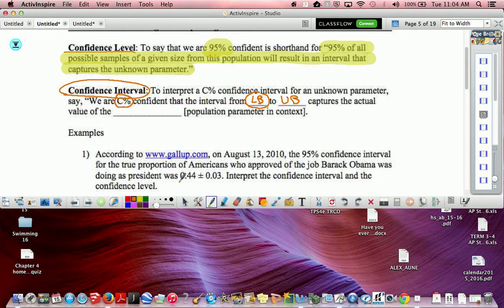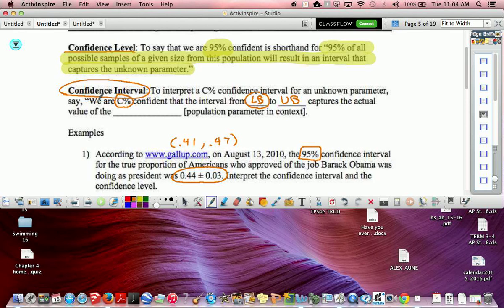If I'm thinking about this value, 0.44 plus or minus 0.03, if I subtract it, the lower bound of my interval is 0.41. If I add that, my upper bound is 0.47. My percentage of confidence is 95. So I can go ahead and start filling in this sentence.